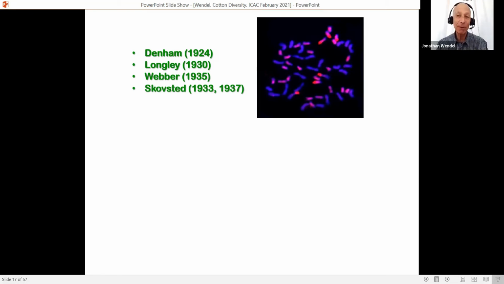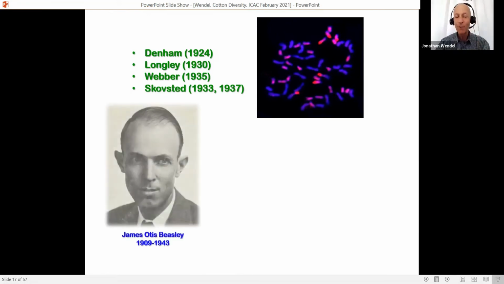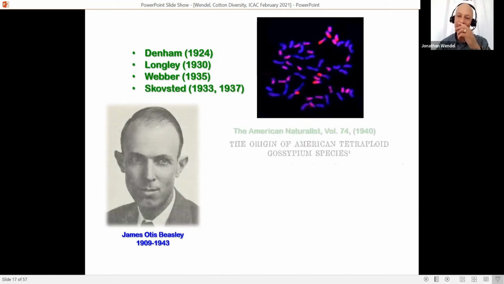And he actually proposed that the New World allopolyploid cottons contain 2 genomes, one from the Old World, one from the New. And then Beasley came along, and then later Harlan independently verified it.